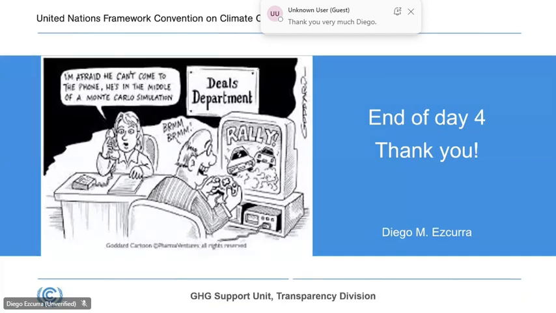Tomorrow will be the last day of the webinar, and we will see how approach 1 and approach 2 can be used together to combine uncertainty.